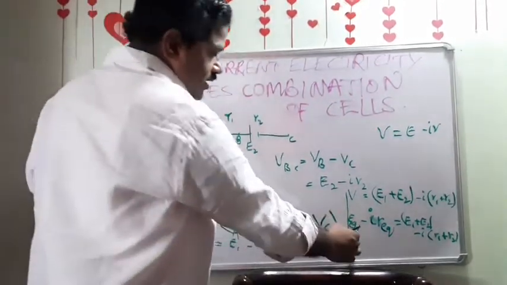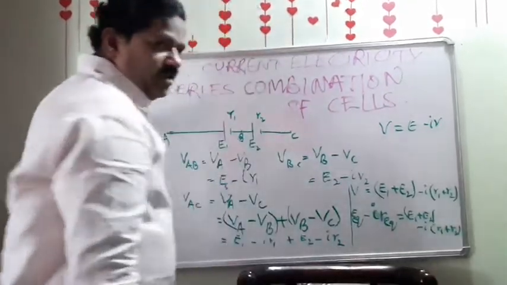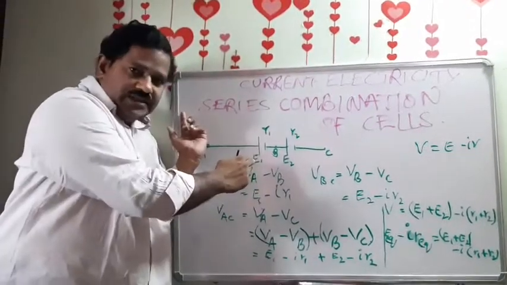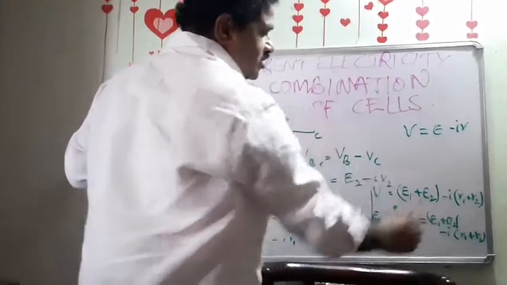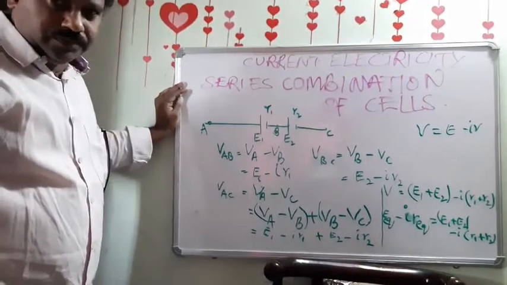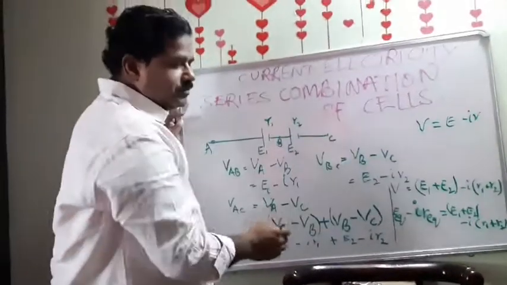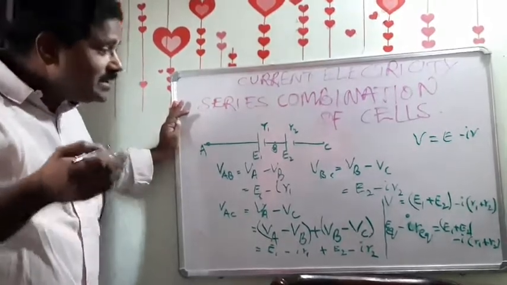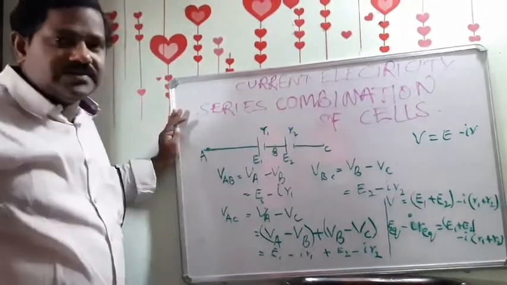That means EEQ is E1 plus E2, REQ is equal to R1 plus R2. So if there are three, you will get E1 plus E2 plus E3, and R1 plus R2 plus R3 as REQ. Let us consider some n cells connected in series.